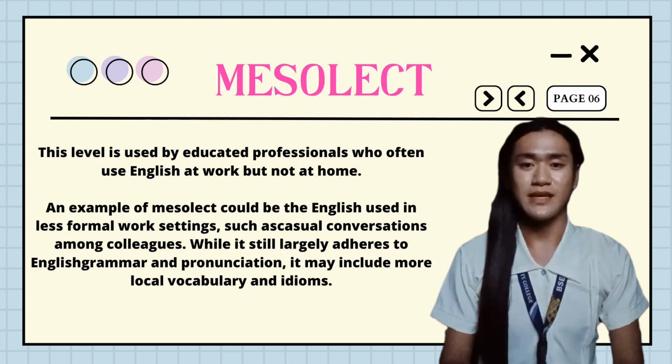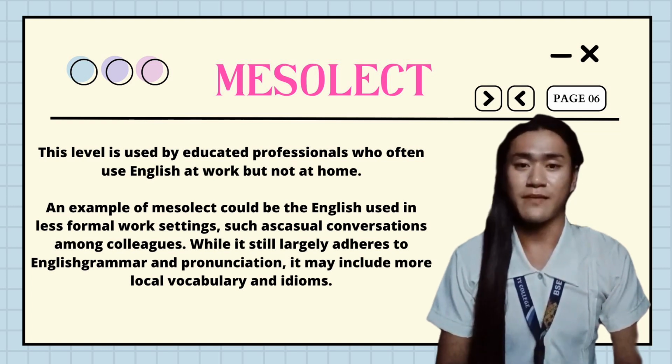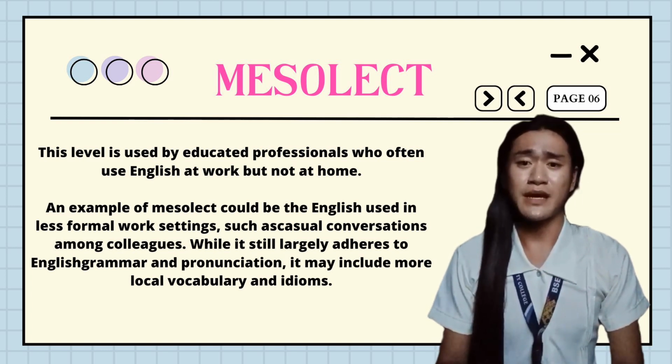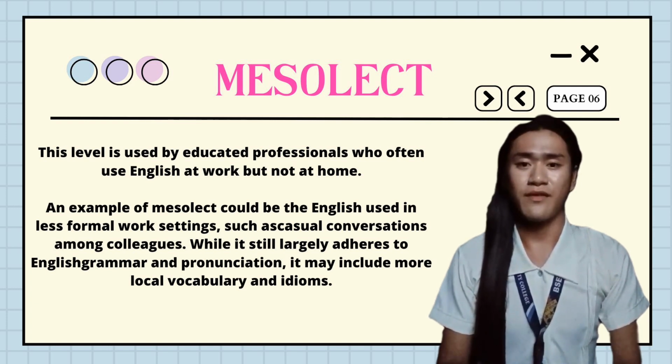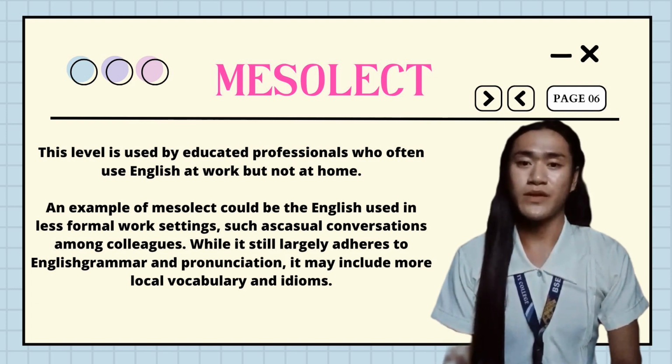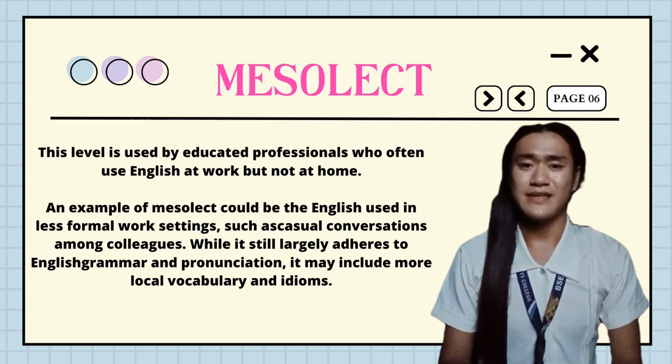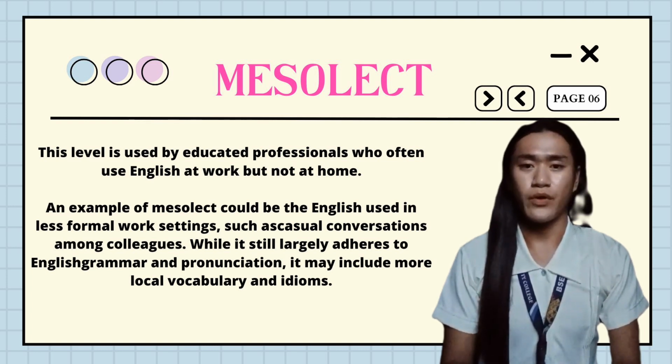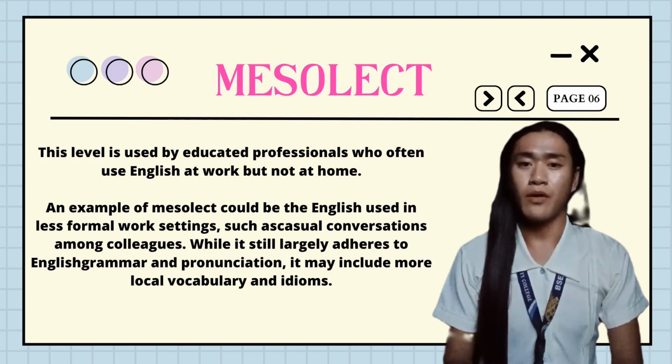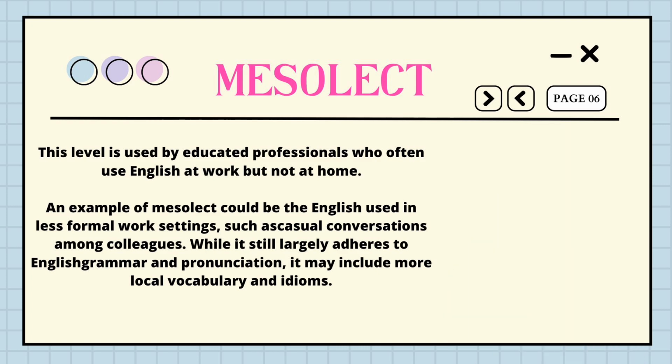In social linguistics, the term Mesolite refers to a mid-range variety of a language that exists between the Arabic, the most prestigious form, and the Basilic, the least prestigious form in the context of Filipino English. The Mesolite is a variety that blends features of both standard American English and local Philippine languages.